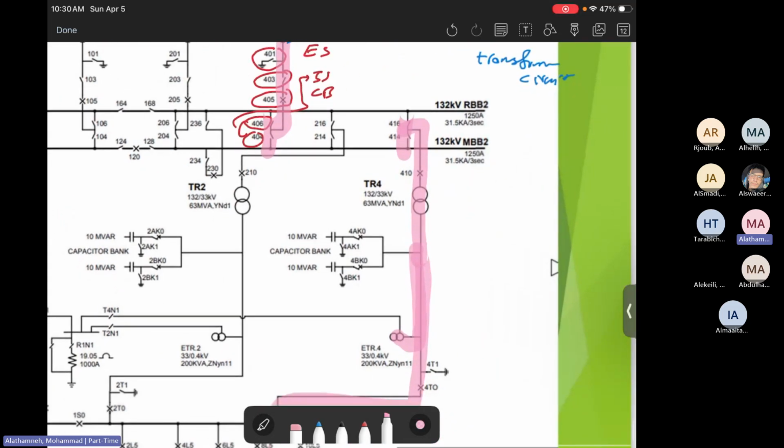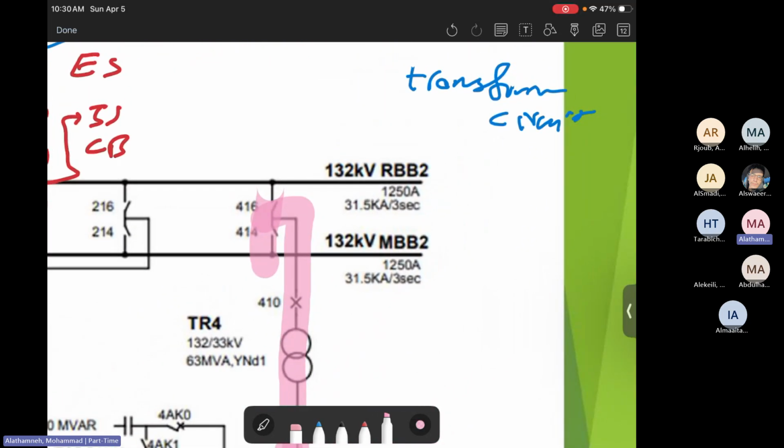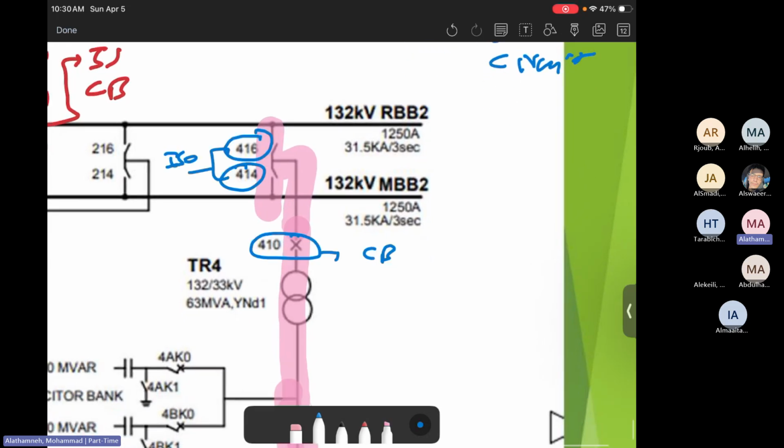Now let's focus more on the transformer circuits. So transformer circuits start with two isolators. As you will see here, there is 416, 414, those are isolators. Then there is 410, this is circuit breaker because it's X. And this is the transformer, step down power transformer.